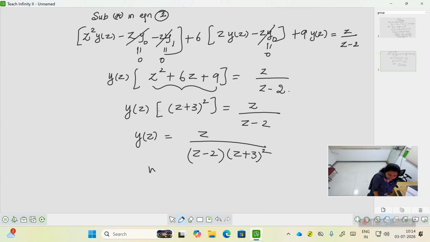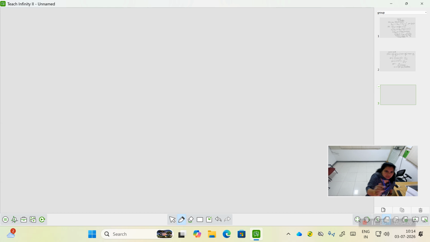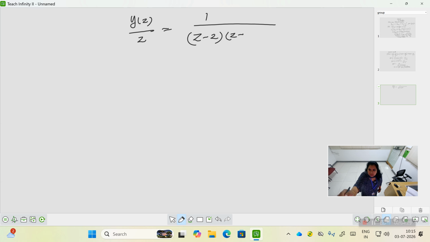We can split into partial fractions, one of the many methods in Z transform. So Y(z) by z equals 1 by (z minus 2)(z plus 3) the whole square.